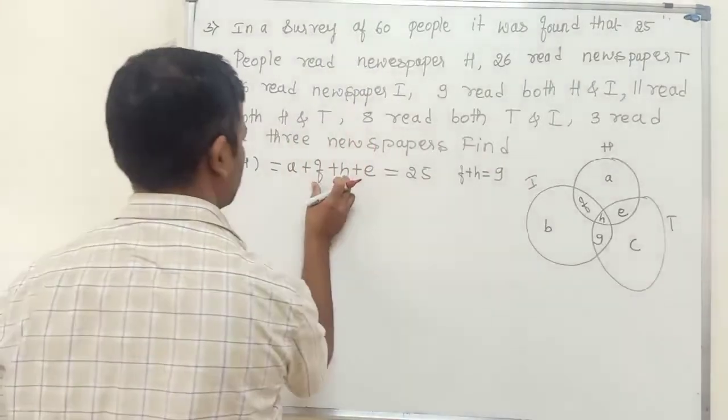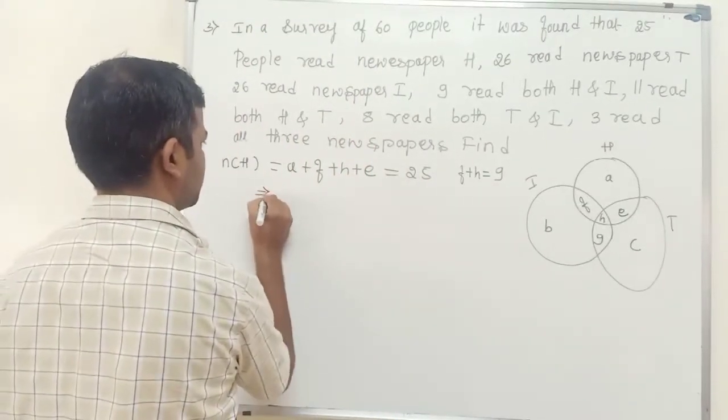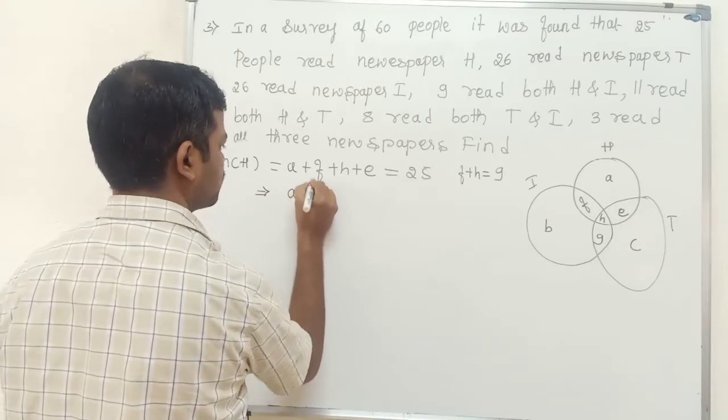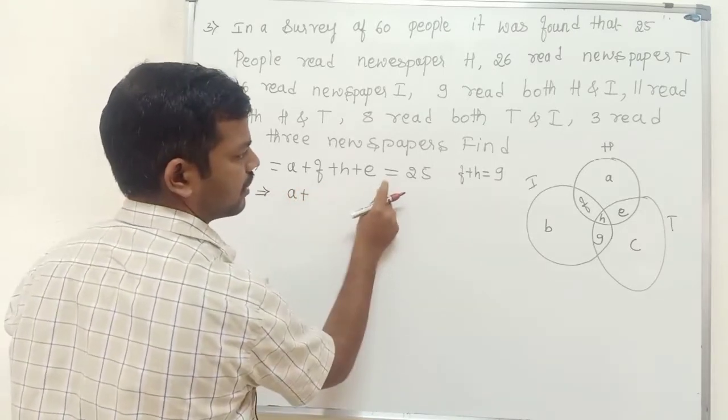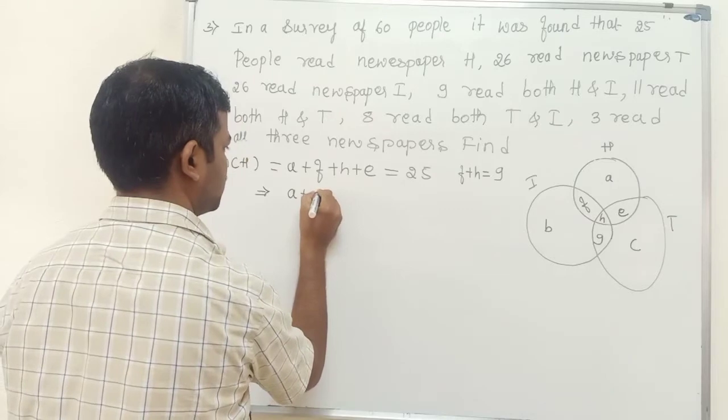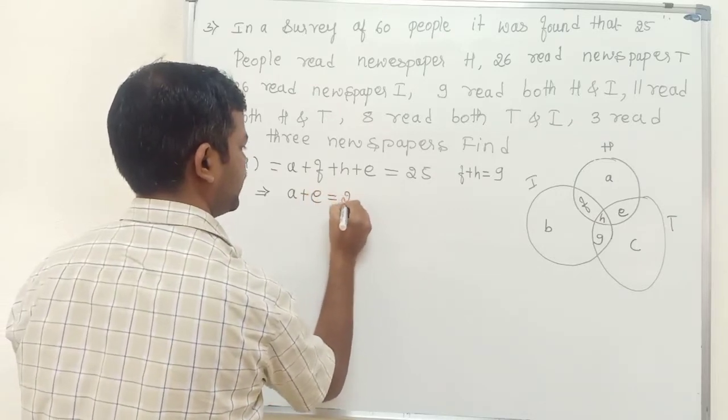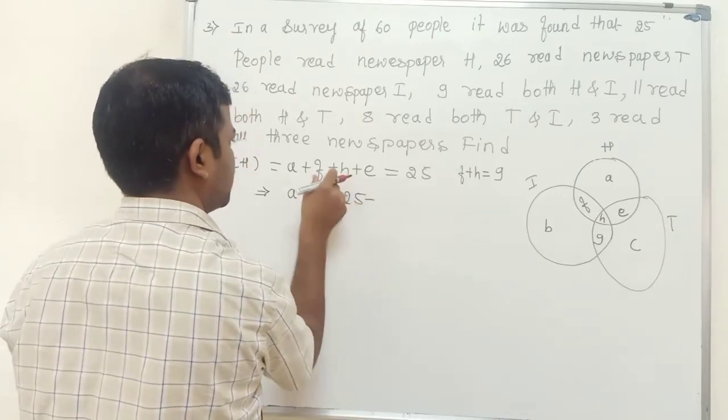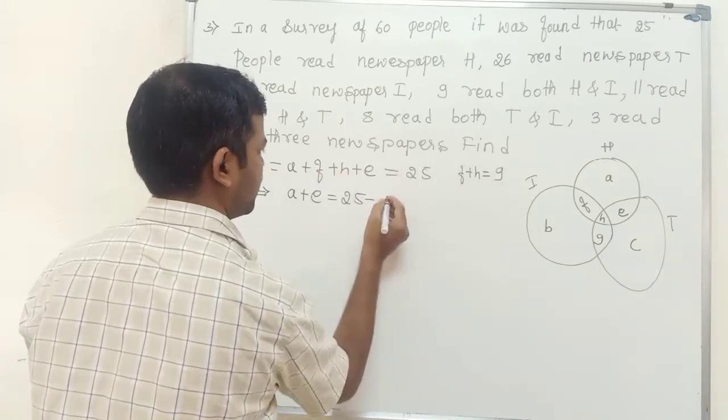So it implies that a plus e is equal to 25 minus f plus h, which is given as 9.